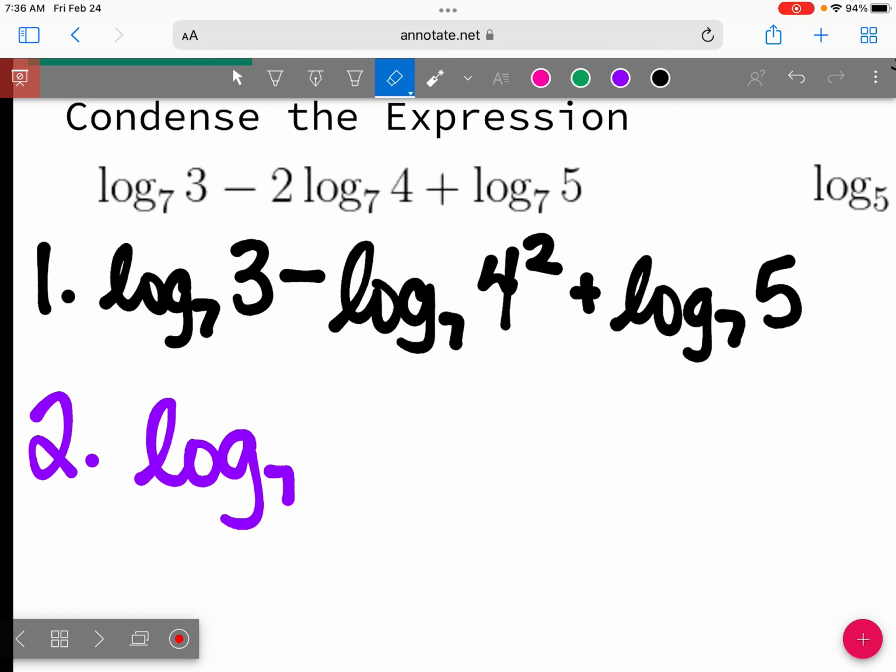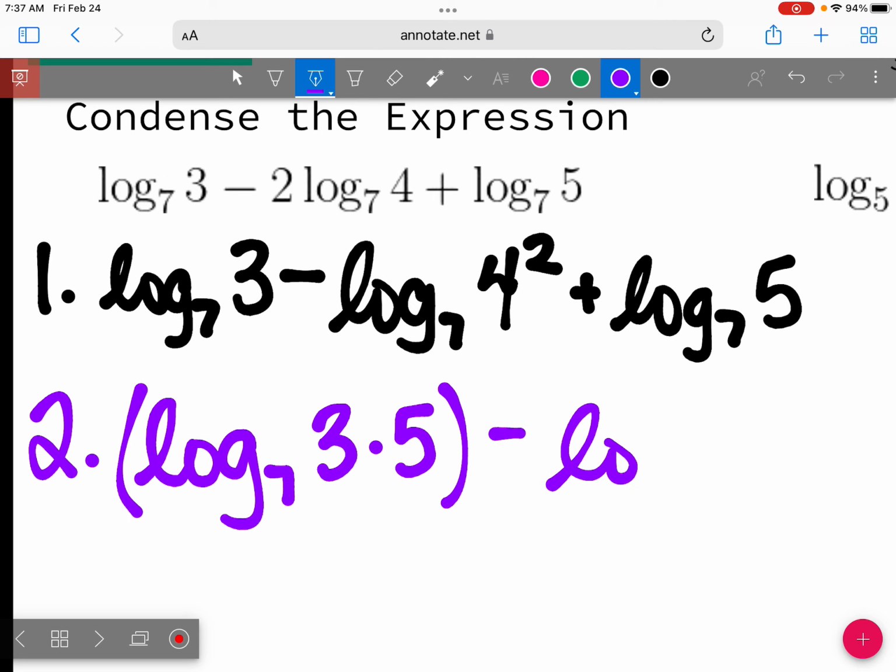Not 4 squared and 5, because this has got a negative sign in front of it. And subtraction means what? Division. This is being added and this is being added. Okay? So these 2 become multiplied by each other. Okay? So we end up with log base 7 of what? 3 times what? 3 times 5. Okay? I'm going to put this in parentheses. Put our last piece here.